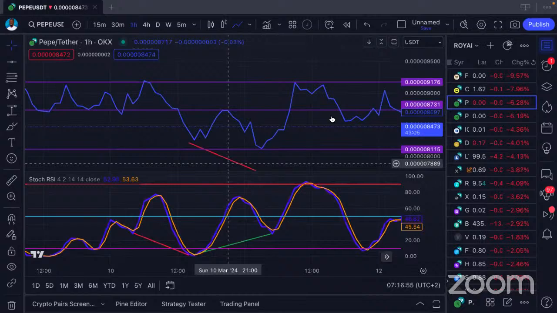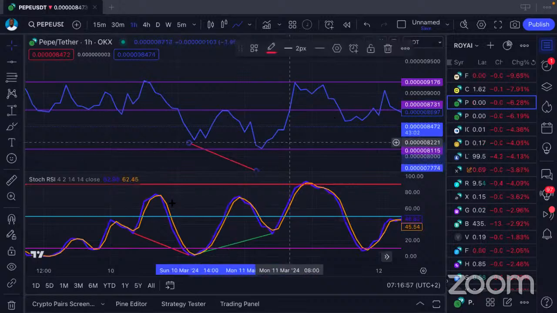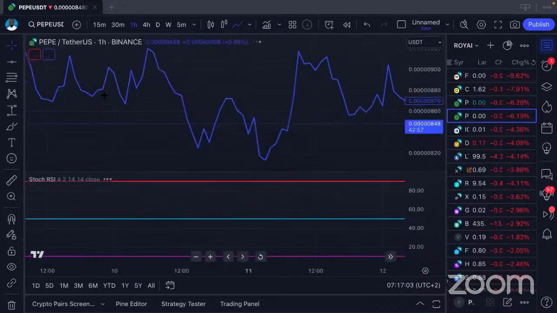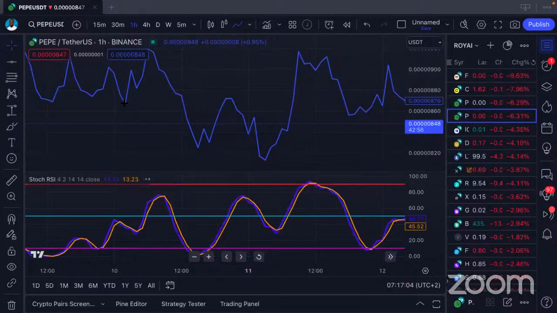Okay? So still on drawing divergences, like I've said, you find two consecutive lows. Look at this chart. Let me turn it to a line. So I will get my trend line, two consecutive lows. I connect from this lowest point, and here I will use the red color in my connection.